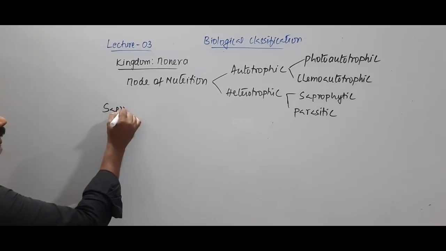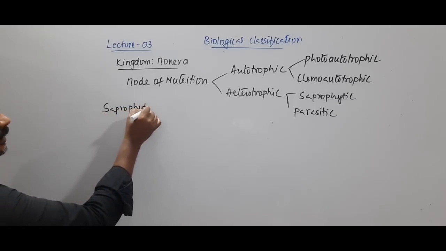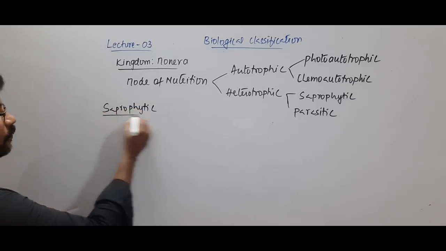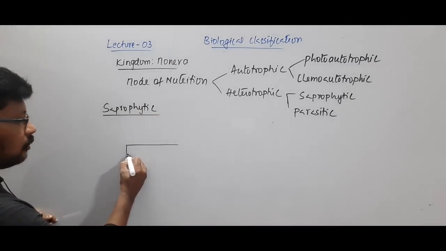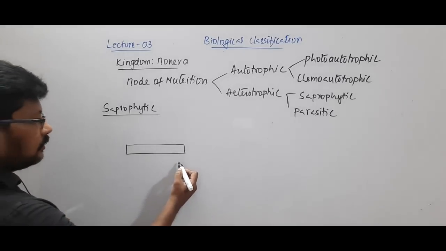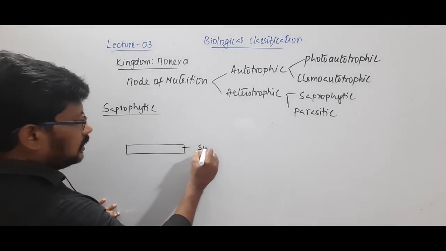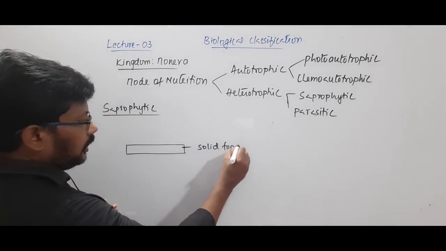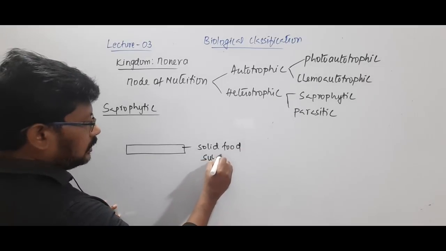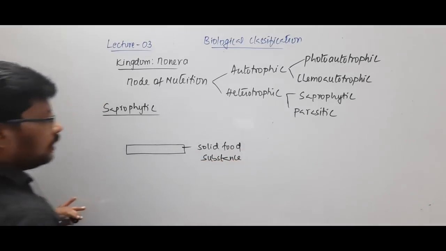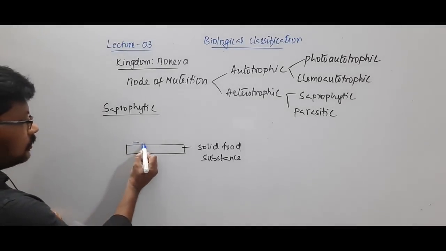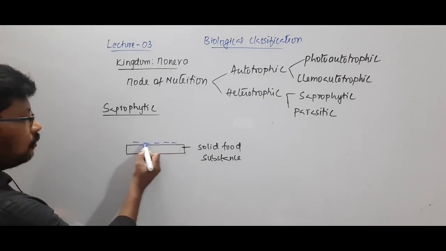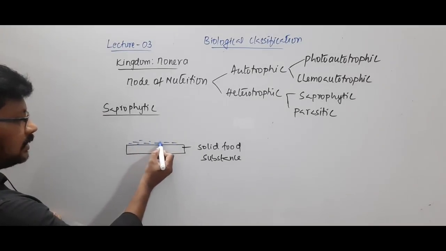In saprophytic organisms, when they grow on a solid food substance, these bacteria release enzymes.